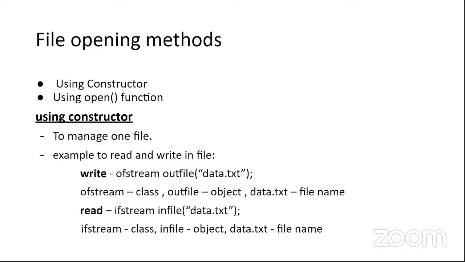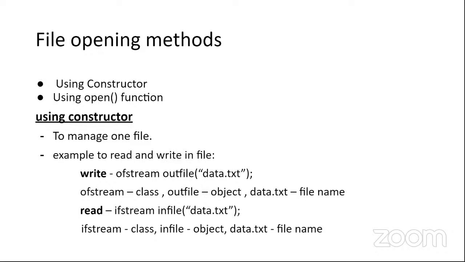First, using a constructor, and the other is using the open function. By using a constructor, we can manage one file, and there are examples to read and write in a file. If you want to write in a file, then this is the syntax: ofstream, this is a class, and outfile.